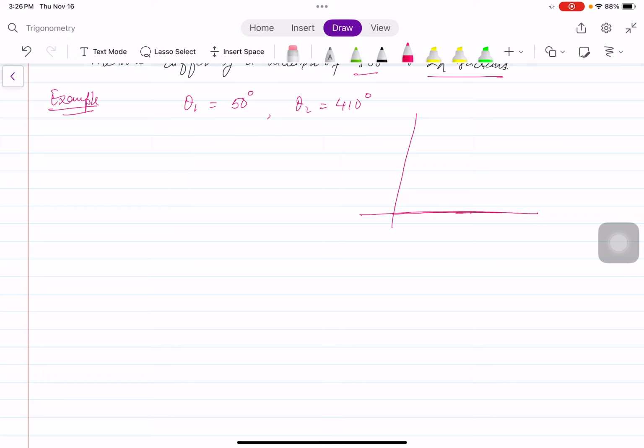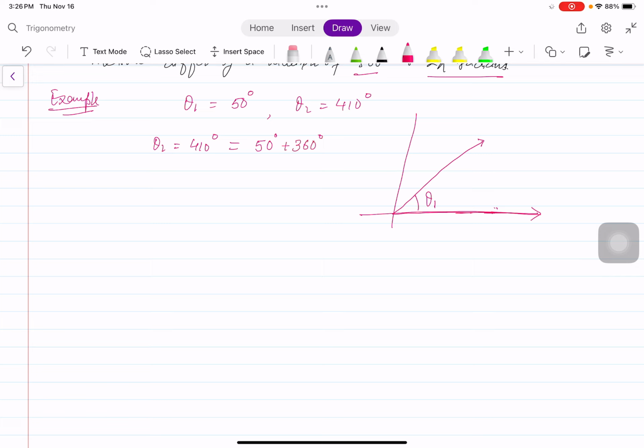So this has to be the initial side, and for theta 1 the terminal side is, say, this one. So this is theta 1. Now theta 2, which is 410 degrees, can be obtained by adding 360 degrees.